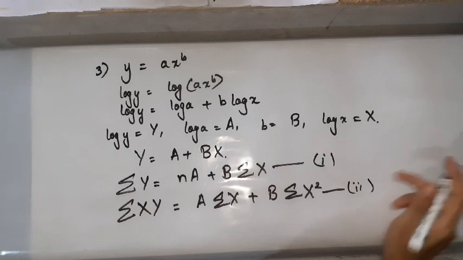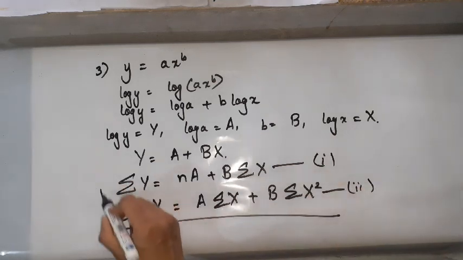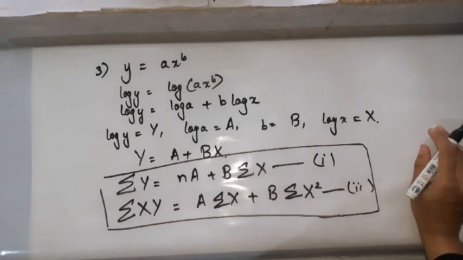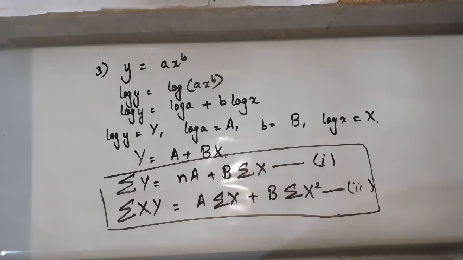This is how you first find the normal equations and then work for the required constants, no matter whether there are 3 constants or 2 constants. If there are 3 constants, you need 3 normal equations. If there are 2 constants, you need 2 normal equations, and that is how you easily solve it.